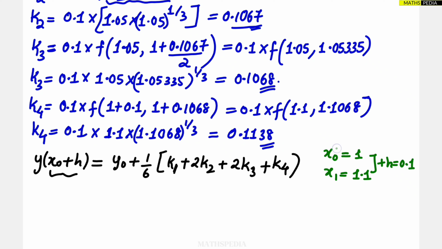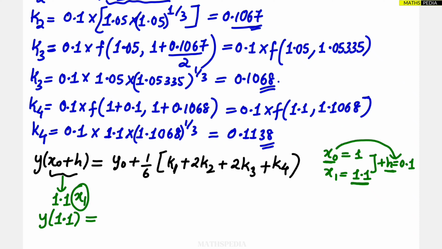So when I add x0 plus h, I will be arriving at 1.1. Simple. That means this value basically represents 1.1, or we can say x1 value. So directly you can write y of 1.1 or y of x1 is equal to, now you have to substitute the values.